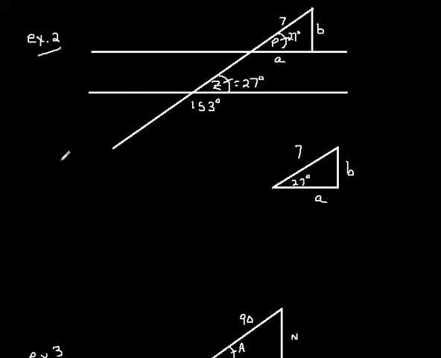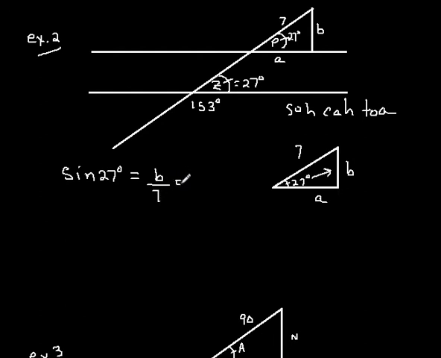So remember, the sine of 27 degrees, remember SOH CAH TOA. Sine equals opposite over hypotenuse. So the sine of this angle is the opposite, which is B, over the hypotenuse, which is 7.